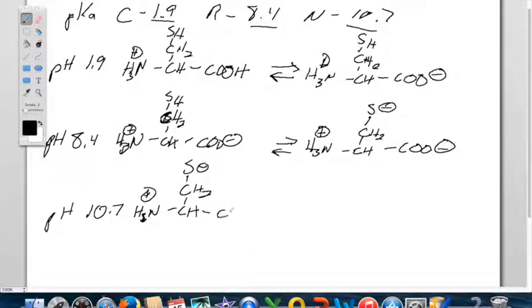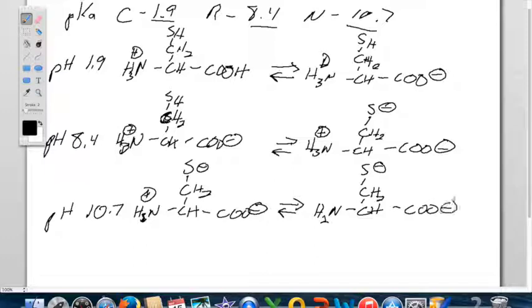So we're going to have this as one of our structures, where our side chain and our carboxyl group are fully deprotonated because the pH is well above their pKa values, but half of our amino groups are still protonated, and the other half are going to be deprotonated. Of course, our carboxyl groups are all fully deprotonated. So it's a little messy, but let's examine these structures.